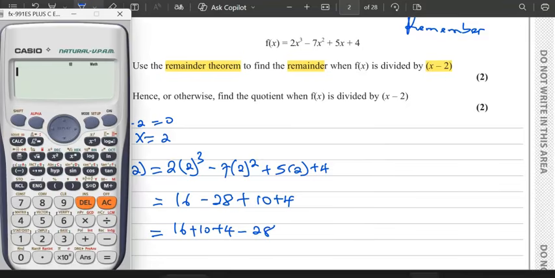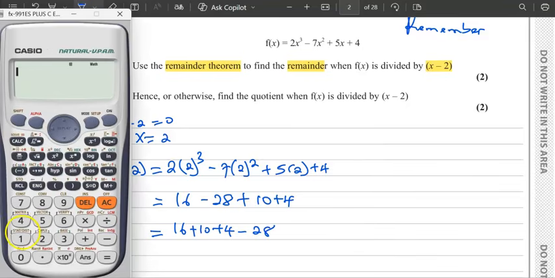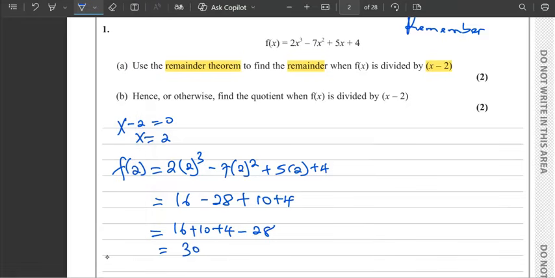We can keep this in the calculator: 16 plus 10 plus 4 gives you 30, minus 28. So we'll have 30 minus 28, which gives you 2. So the remainder in this case is simply 2.